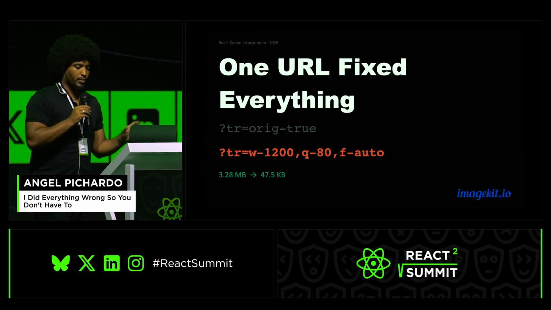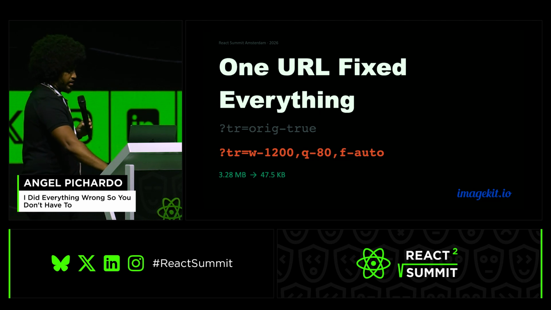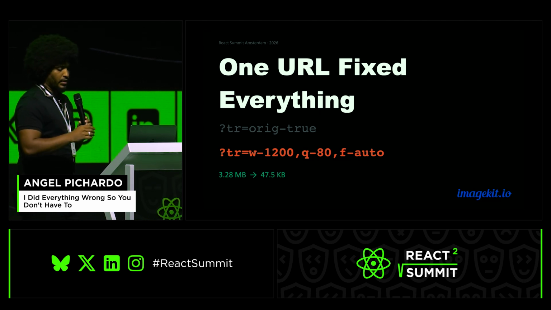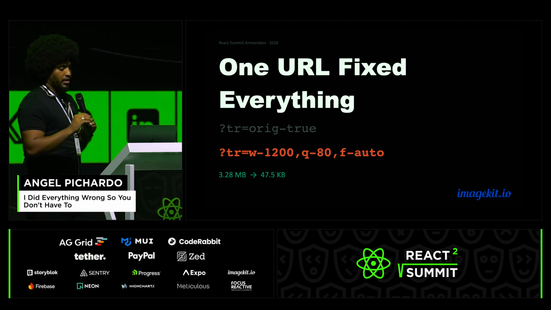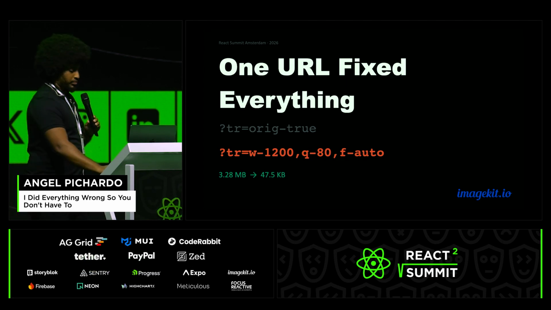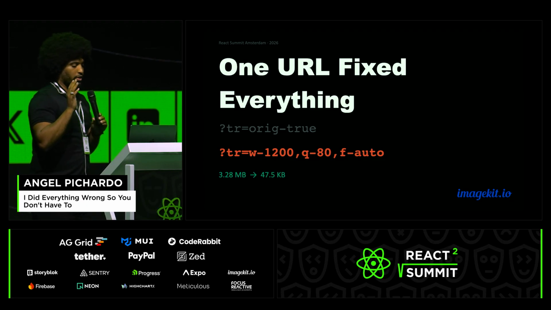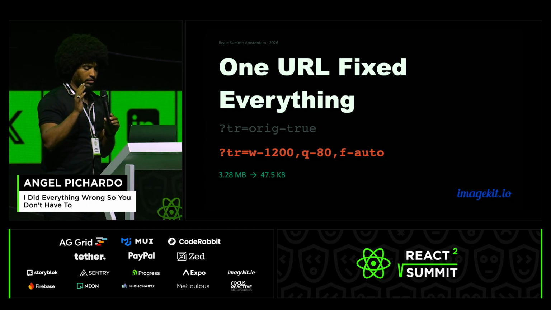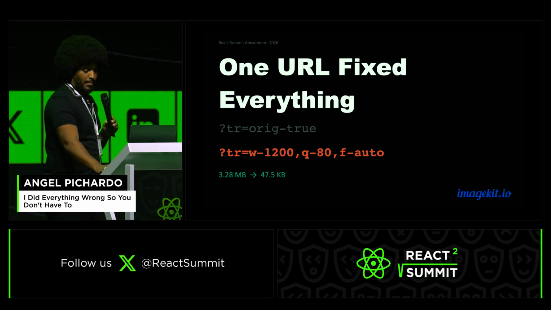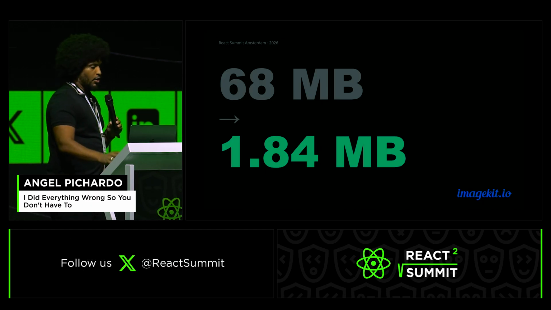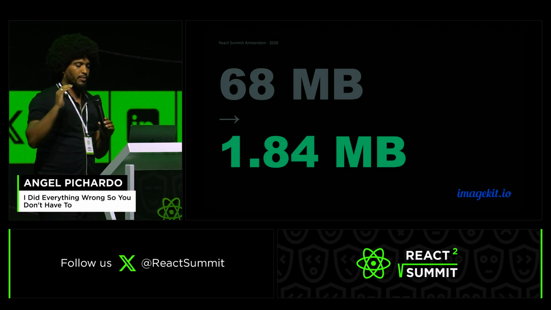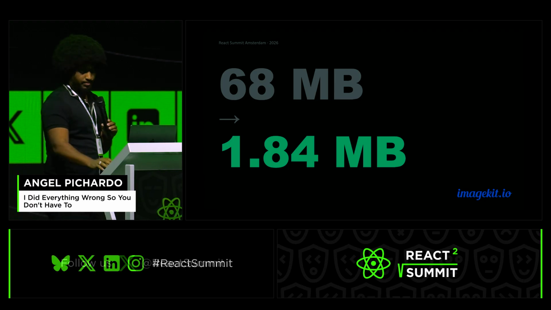Then we change the URL so the width is 1,200 pixels, the quality is 80%, and the focus is auto. That changes our image from 3.28 megabytes to only 47.5 kilobytes. And overall, that brings our website down from 68 megabytes all the way to 1.84 megabytes.